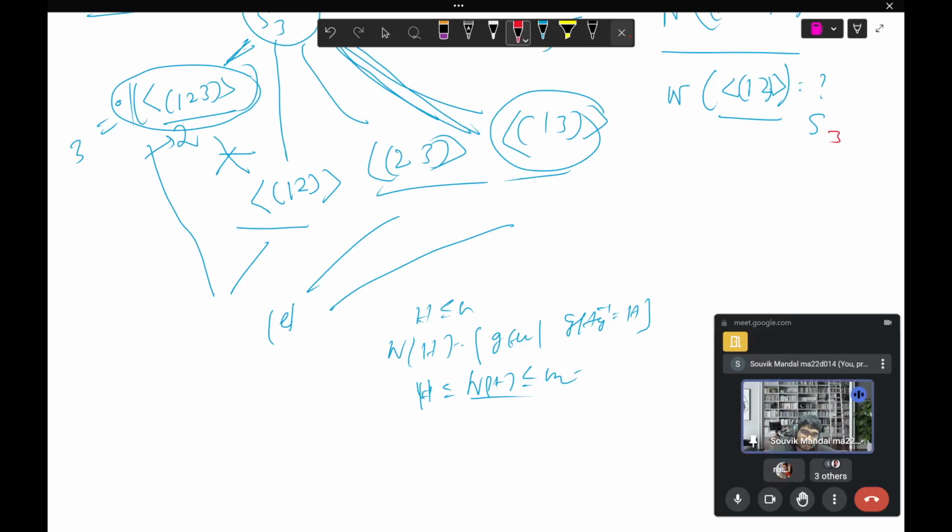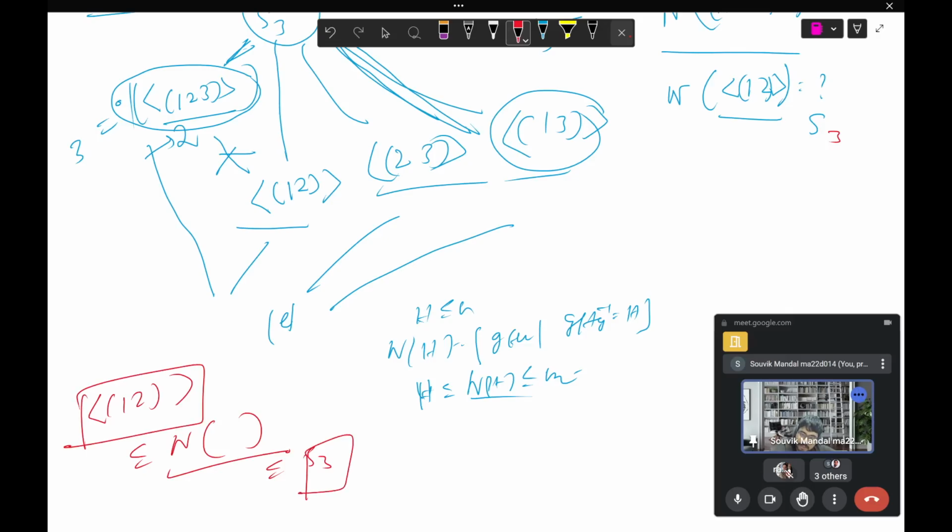Okay, but the thing is, the subgroup generated by 1, 2 lies inside the normalizer and it lies inside S3. So the normalizer is either the subgroup generated by 1, 2 or S3, right? There are two choices. Yeah, correct.